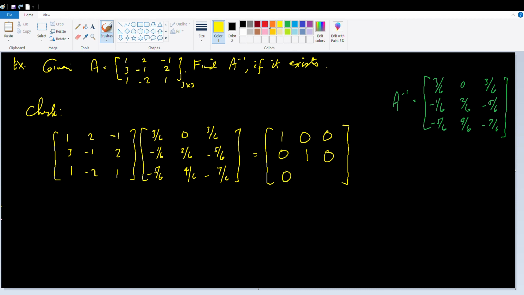Then, third row to second column. 1 times 0 is 0. Negative 2 times 2 over 6 is negative 4 over 6. 1 times 4 over 6 is 4 over 6. 4 over 6 minus 4 over 6 is 0.